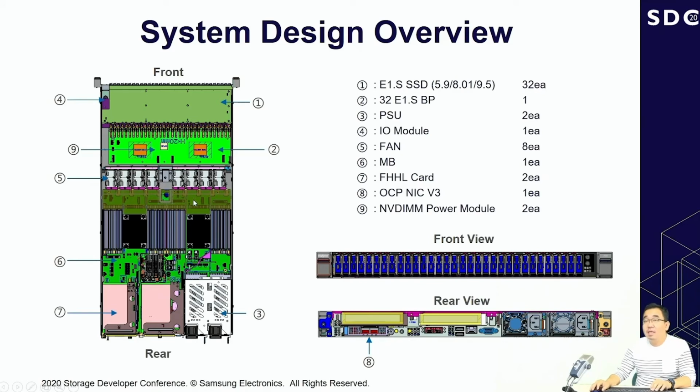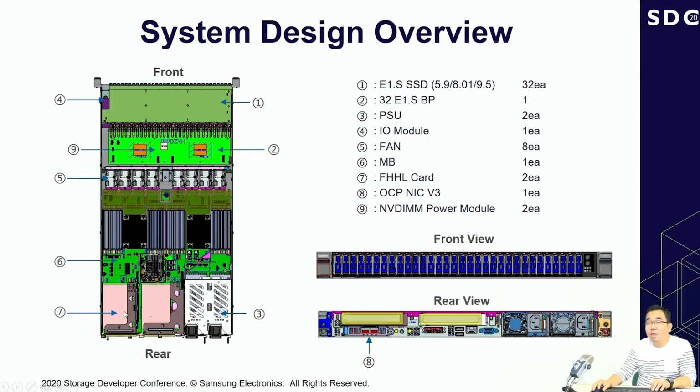On the motherboard side, this is a dual socket x86 system. The system uses the latest PCIe Gen4 CPUs. Each CPU has 16 DDR4 DIMMs, and you can have a total of 32 DDR4 DIMMs of main memory on the system. On the rear side, there are two full height half-length PCIe slots.